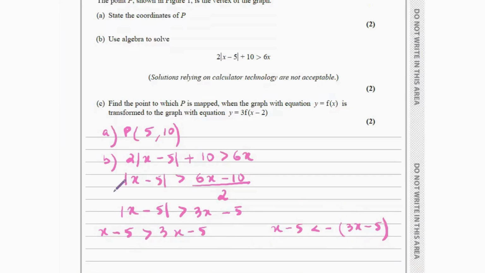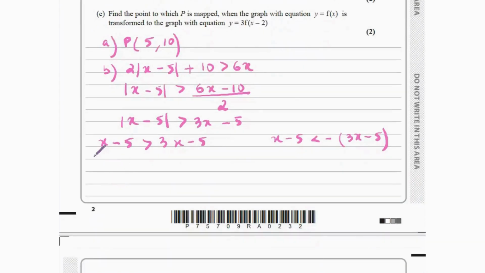So if we solve the first inequality, it's x minus 3x greater than negative 5 plus 5. Negative 2x is greater than 0, so x is going to be less than 0. And over here, x minus 5 is less than negative 3x plus 5.